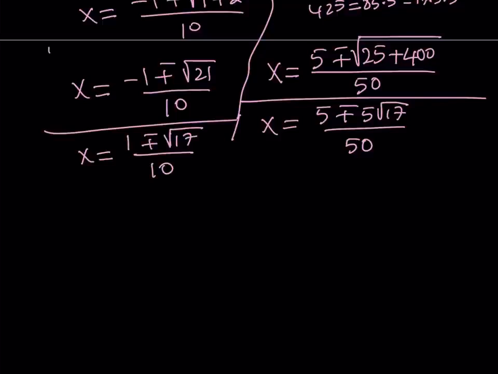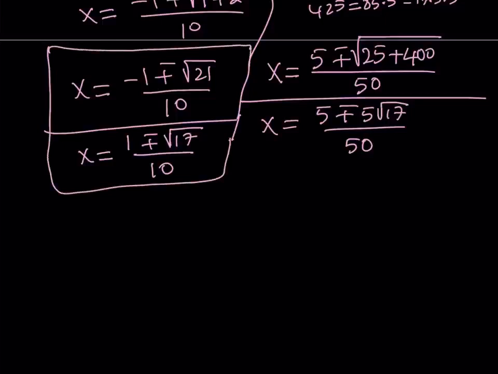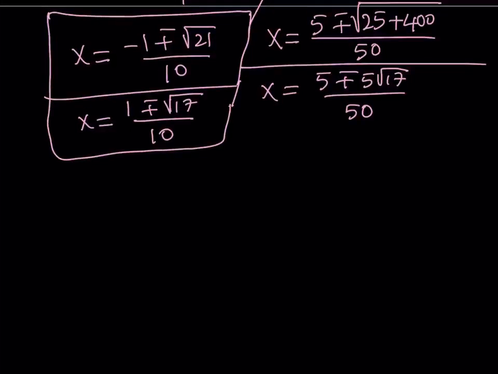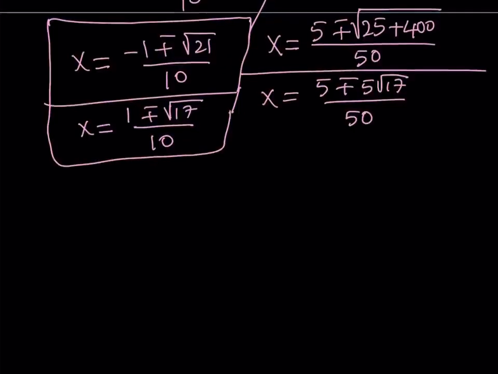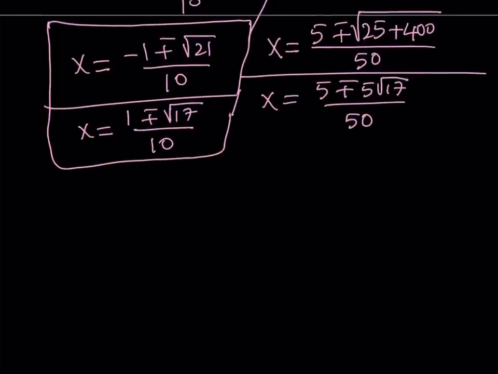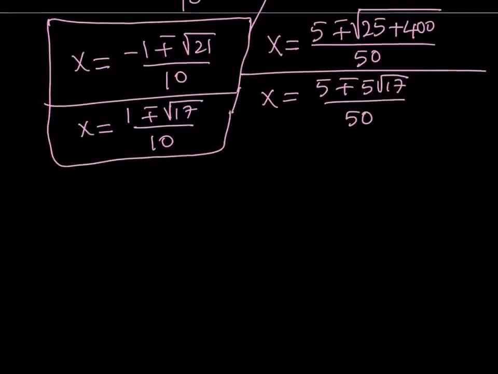And notice that both of the values are being divided by 10. Now, is there another way to approach this problem? Probably difficult, but we used substitution and we got the solutions. There are no extraneous solutions. This is a quartic equation and it has 4 real solutions.